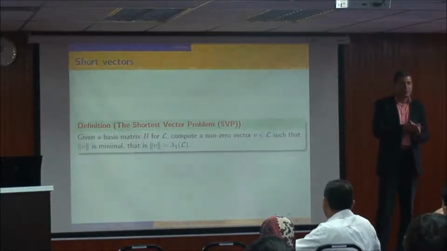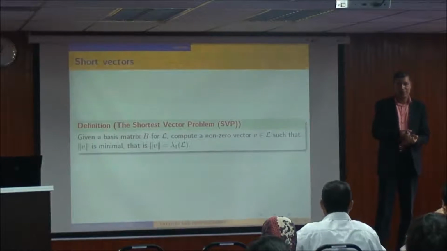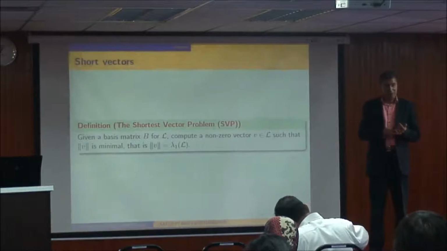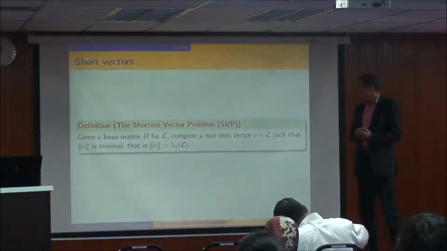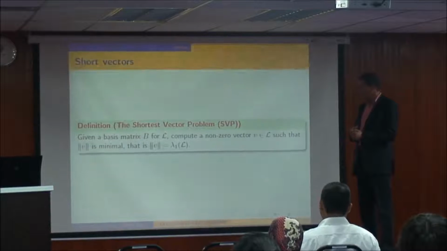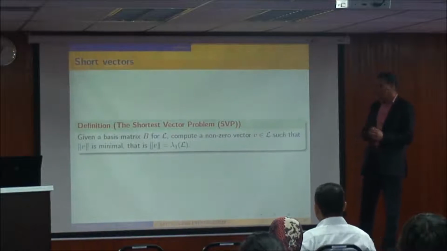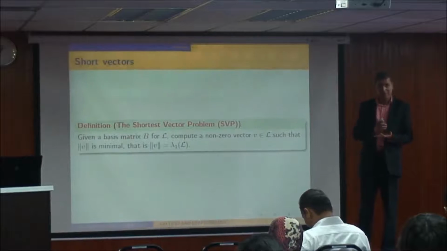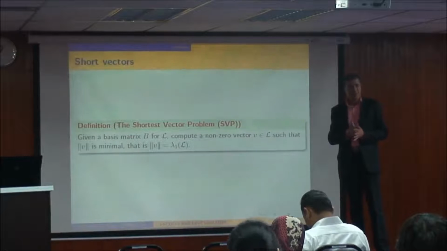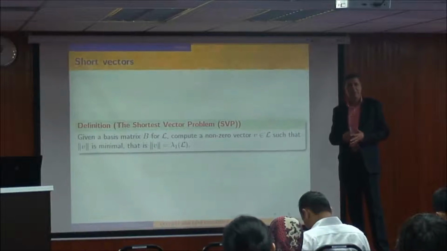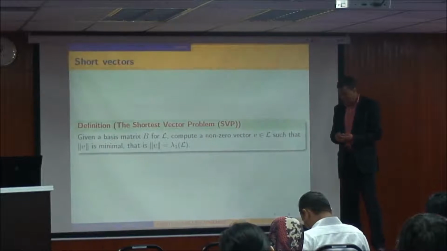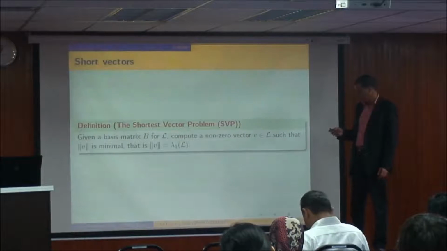We can solve it when the dimension is small, for example 10 or 20, or even 25, 30. But when the dimension is very large, there is no way to solve the shortest vector problem, and this problem is the security reason for some crypto systems. We will say that some crypto systems are based on the hardness of this problem.